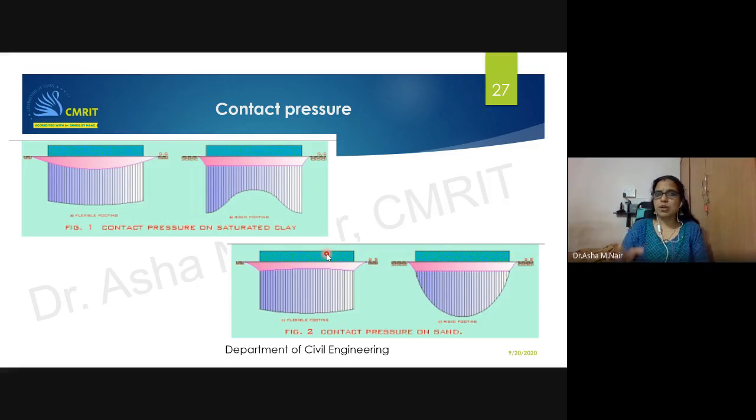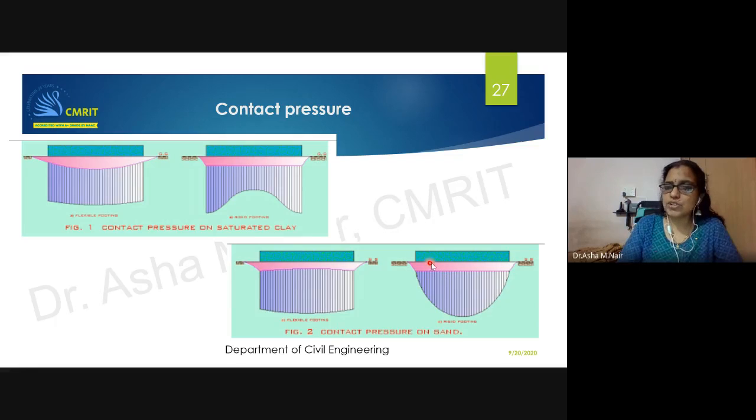The reason is that the sand as such does not have any cohesion, but at least more and more particles will be surrounding the particle in the center part. So you can see that the deformations will be slightly less, and here the pressure will be more or less the same.